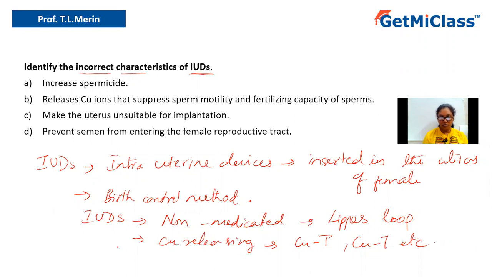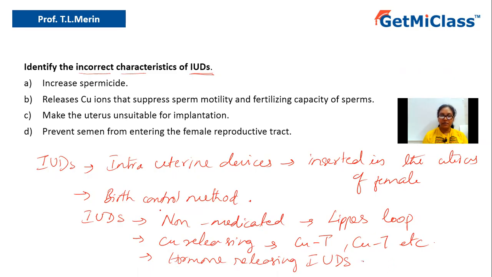Then you also have hormone releasing IUDs. Which hormone do you think it will be? It is of course progesterone, because progesterone is the one which will avoid the fertilization of the egg.